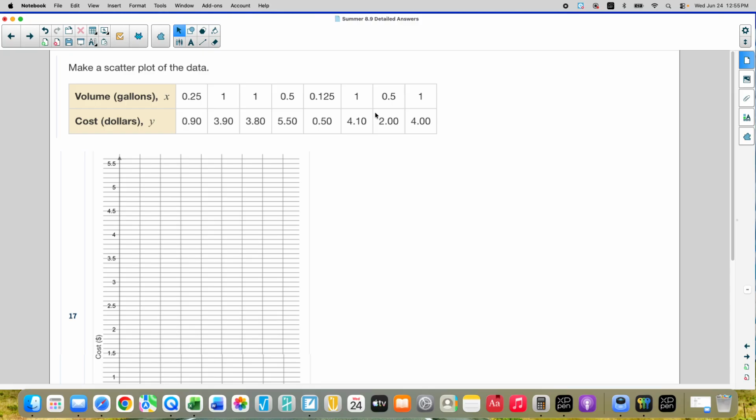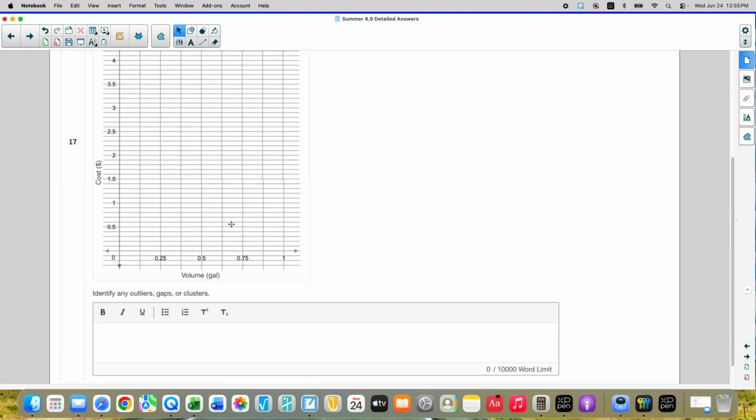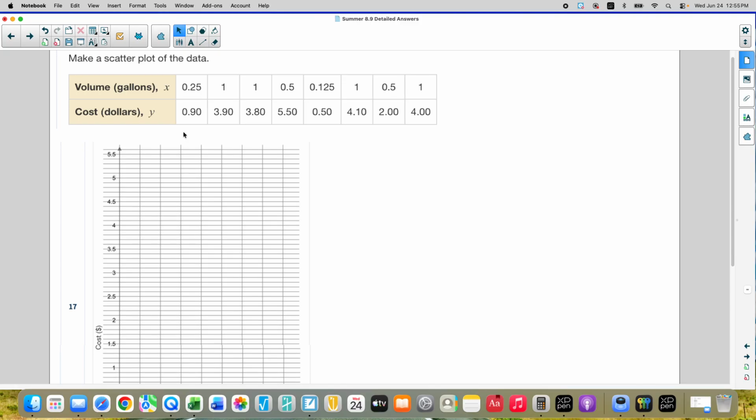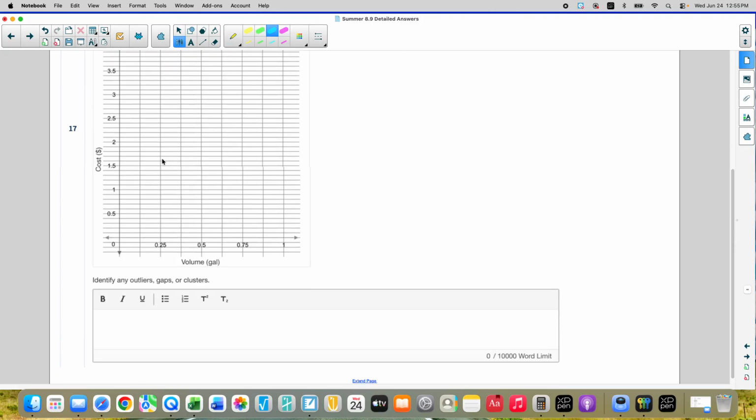So 0.25 and cost, volume. Always check your x's and y's. So 1/4, 90.